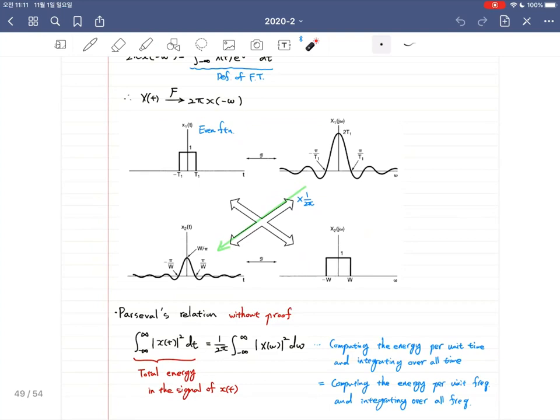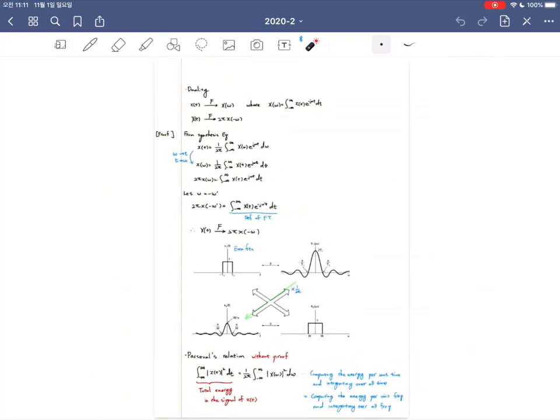Also, we covered Parseval's relation without proof. So it's about the total energy in the time domain equals the total energy in the frequency domain. It's proportional because I have to do this multiplication of 1 over 2 pi.